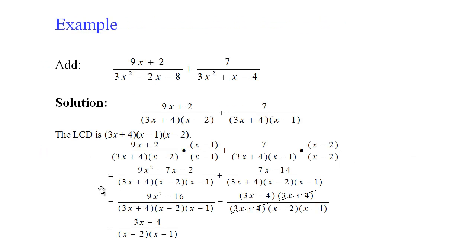Here's an example where we need to add these two polynomials. To find that least common denominator, or really to find any common denominator, you really want to be able to factor. So once again, factoring is key. You factor the left denominator, you factor the right denominator, you see what they have in common, you see what they need, and you realize that to have a common denominator you need this piece, that one's already there, and that piece.